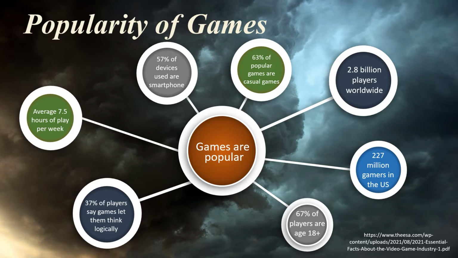Players play on average 7.5 hours a week, and 57% of them play on their smartphones, and 60% of popular games are casual games, which is part of the reason we've designed and developed these games right here.